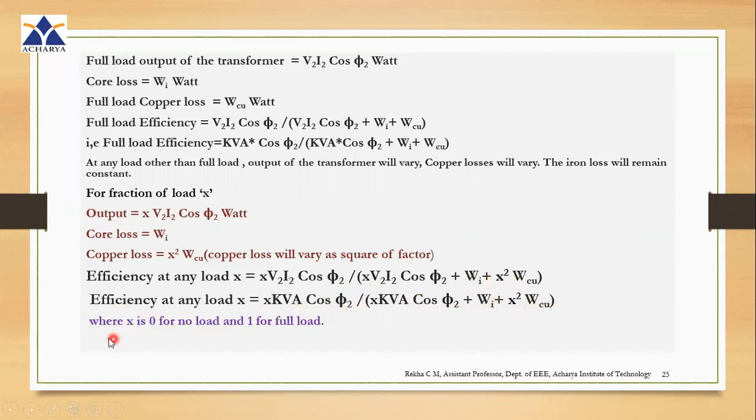If there is no fraction of load, that is X equal to 0, it is considered as no load condition. If there is full load, then X value becomes 1.